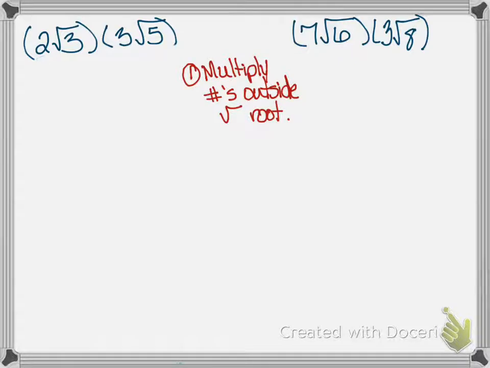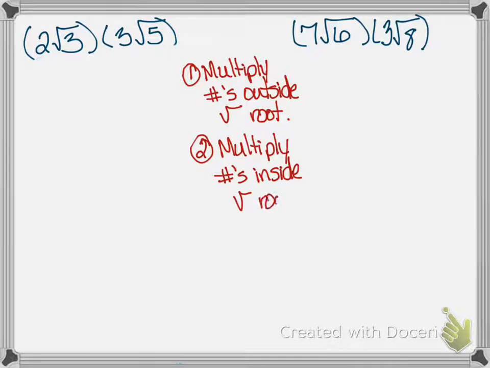Then we are going to multiply the numbers that are inside the square root. Okay? Then the last thing that we're going to do is we are going to simplify if we can.